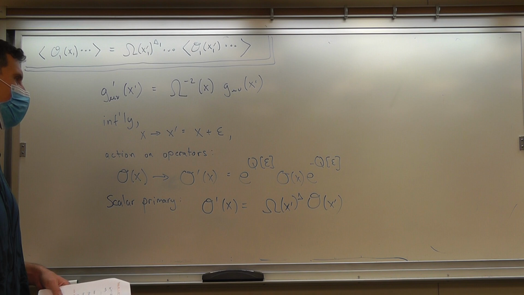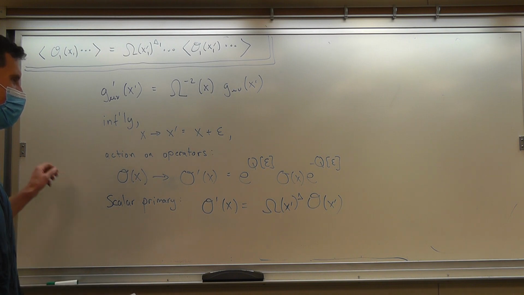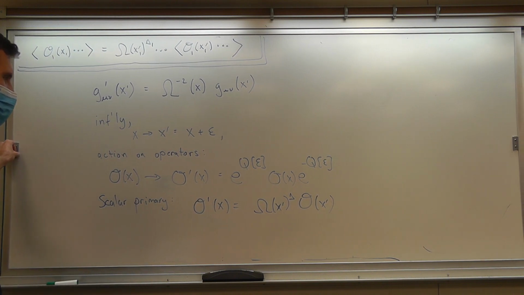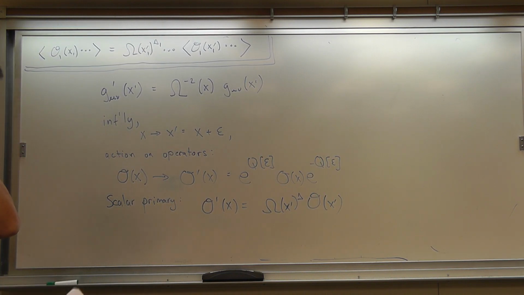Well, if the q's were Hermitian, then we would need an i there in order for that transformation to be unitary. Maybe it's because we're in Euclidean. I'm not sure. I'm using the conventions in the Simmons-Duffin notes, which I posted. I suggested some reading on the website. So I guess this is right in that convention.